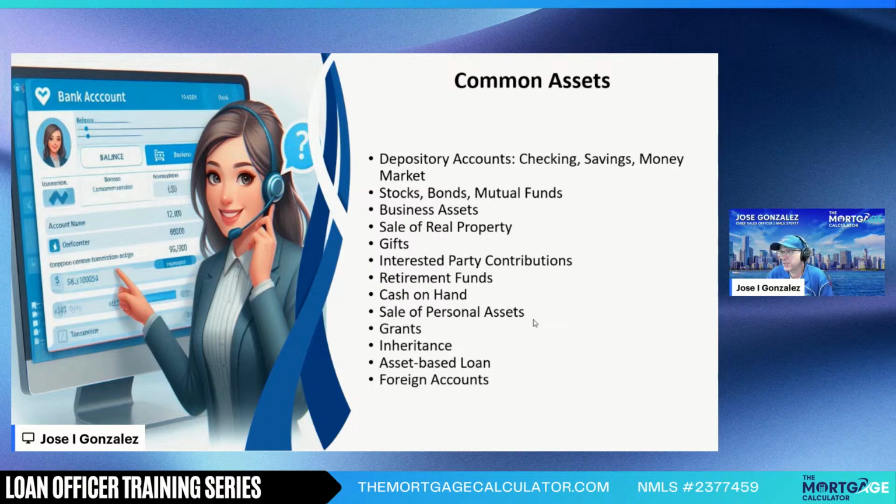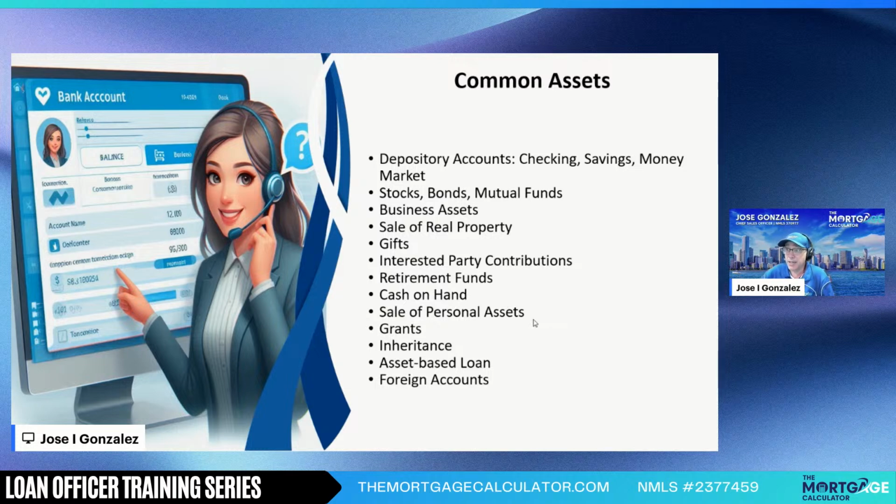Sale of personal assets. Not to be confused with sale of real property. Real property is real estate. Personal assets could be you sold a car that you had lying around and you got an extra $6,000 or $7,000. Well, you're going to have to show the paper trail of the sale of that car: bill of sale, transfer of title, proof of receiving the money, a number of different things that you would have to prove there.